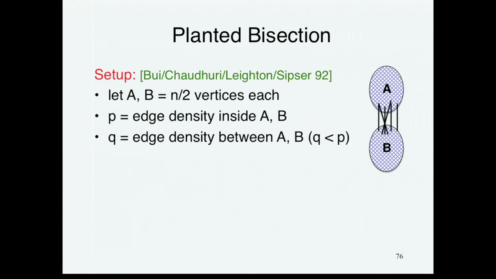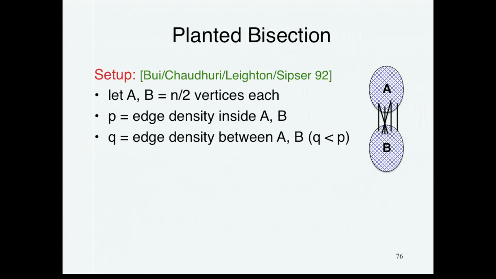So you have two groups of n over 2 vertices. The bisection that you're planting is the bisection of the graph into A and B. Okay? And you want this bisection to be cheap, meaning that fewer edges cross this cut than any other bisection. So in the random model, this is just the random model, not the semi-random model, you're going to fill in the two groups with a relatively large edge density, P, and then you're going to fill in the edges in between A and B with a relatively small edge density, Q. So Q is going to be less than P here.